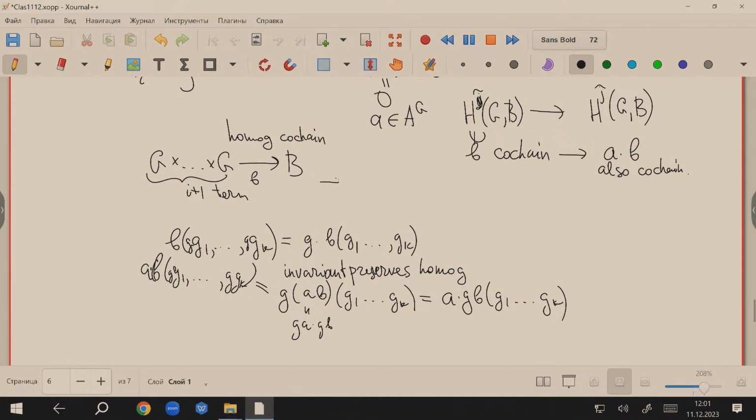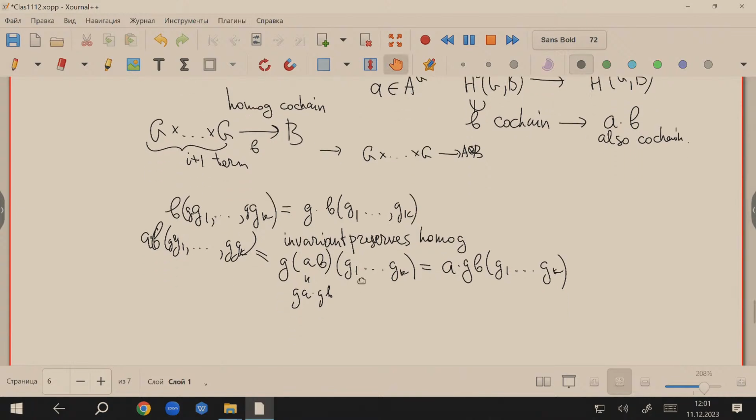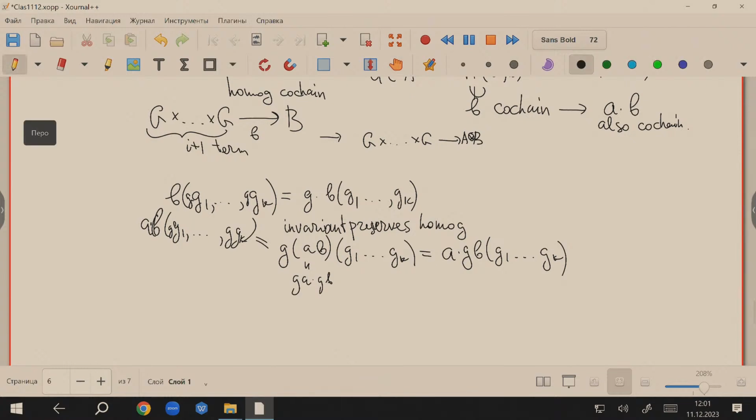By this chain we construct, of course, the chain with values in a tensor product. And the differential looks like the following. You just get rid of the elements in homogeneous chains. The differential of your cochain d of b applied to g1, ..., gn plus 1, you are increasing the number of entries.